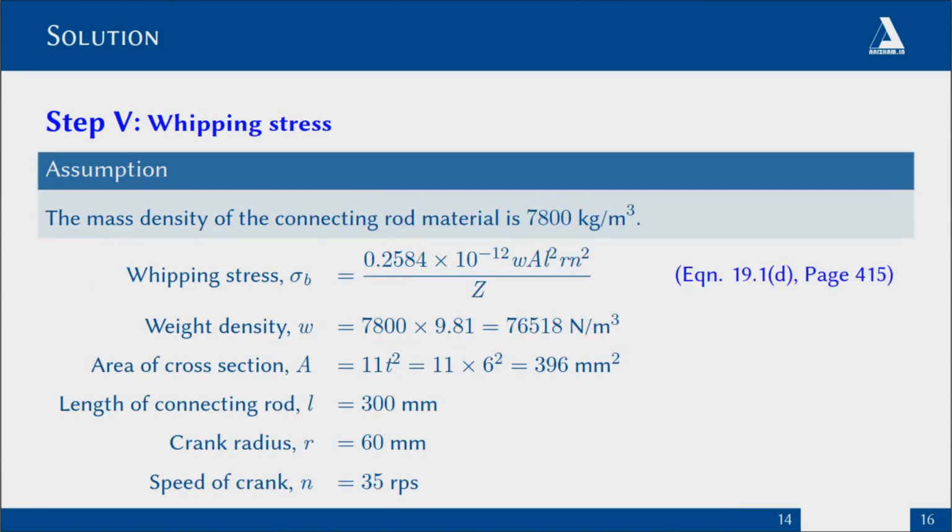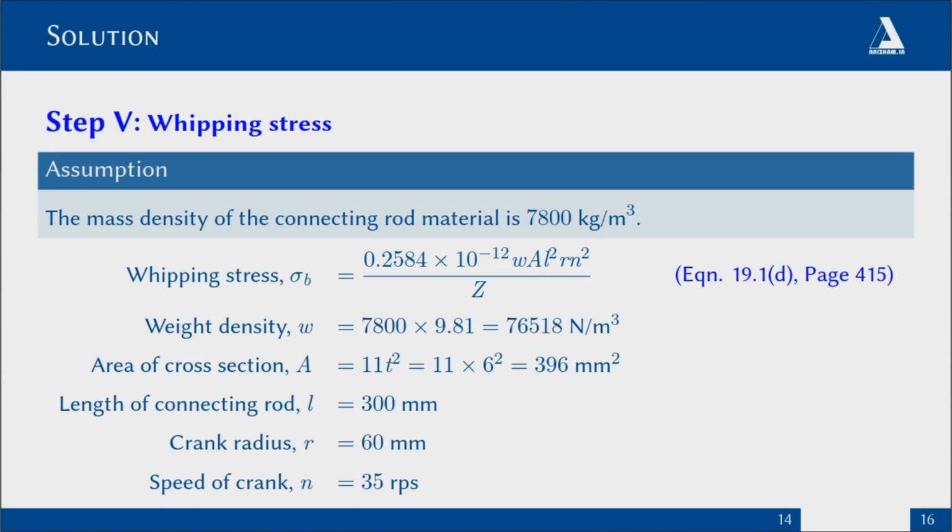Now, in the next step, we calculate the whipping stress and check for the safe design. We assume that the mass density of the connecting rod material is 7,800 kg per meter cube.